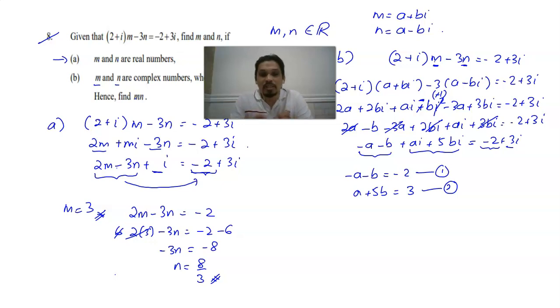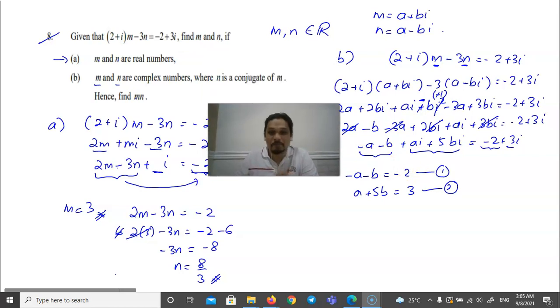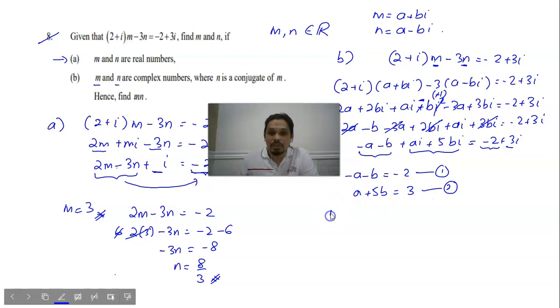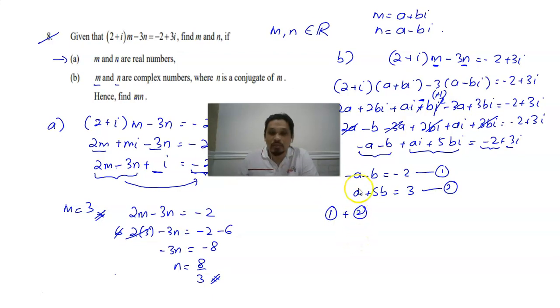What can you see here now? There are two equations with two variables of a and b. So you may decide whether to use the elimination method or substitution method, because this is a simultaneous equation. I do hope that all of you still remember. Let's say equation 1 plus equation 2, because we got negative a and a here.